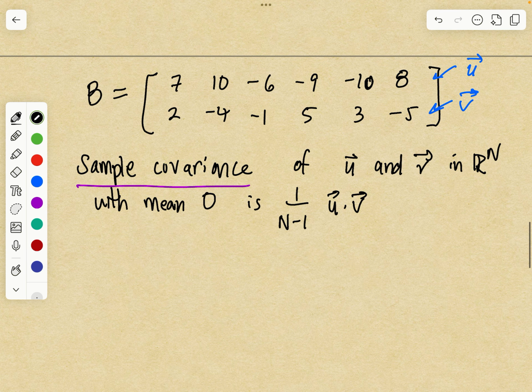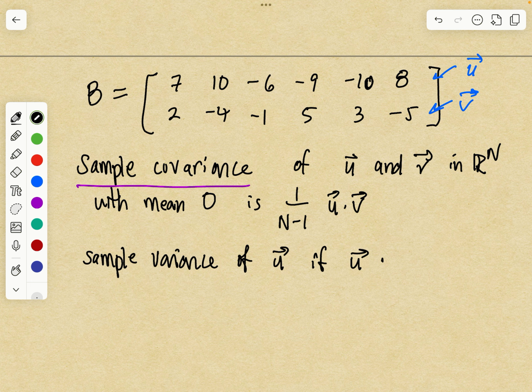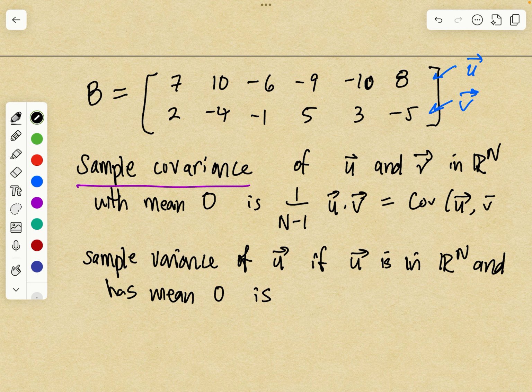So the sample variance of the vector u, if u is in Rn and has mean 0, is just the covariance of u with u. It's 1 over n minus 1 times u dot u.